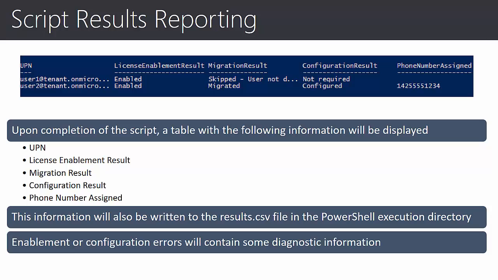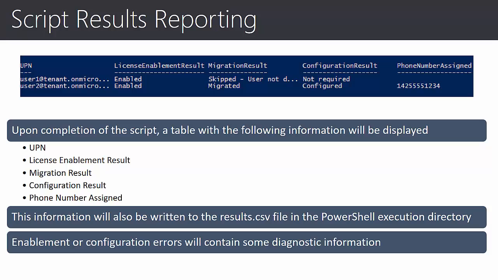So were they enabled, or did we run into some type of error, like not enough licenses available or conflicting licenses? Those will be reported at this table at the end. The migration result, which would be the user is migrated, or skipped user was not designated for migration, or maybe you were rerunning this and the user is already homed online.